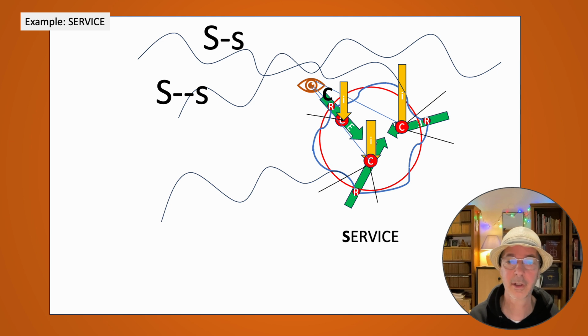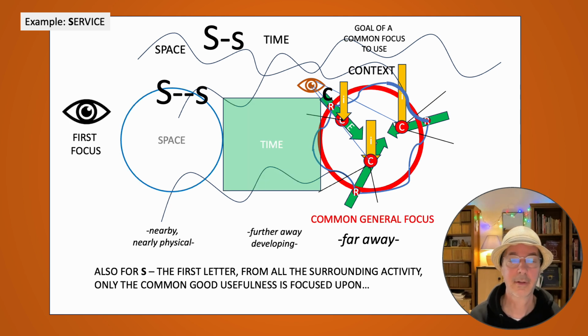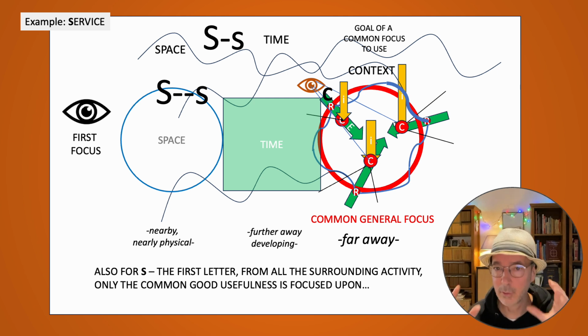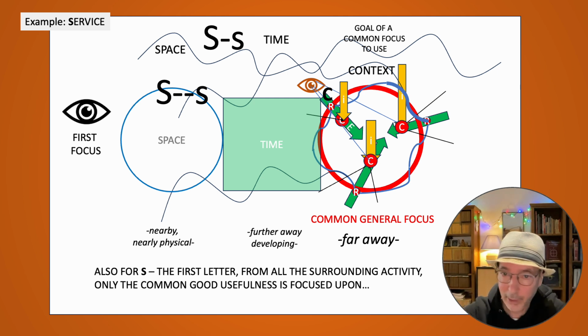And of course, also with the S, for instance, which is the first letter, I said S can be all the leftover effects that there are. Now here in the three regions of focus, the space, the time, and the context, we use the common focus, and that far away edge there where you can see, okay, this is the common good.